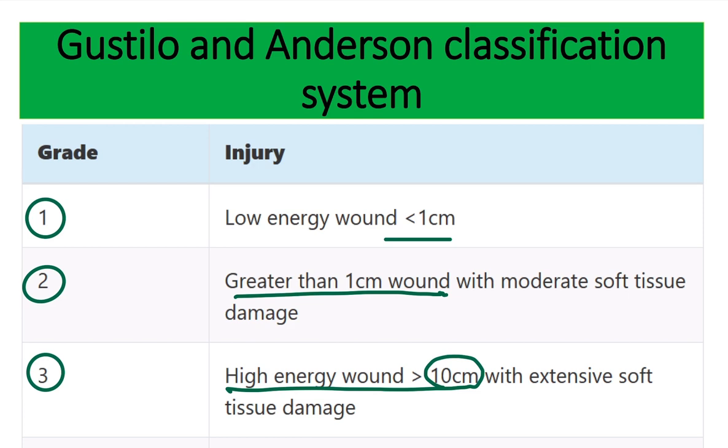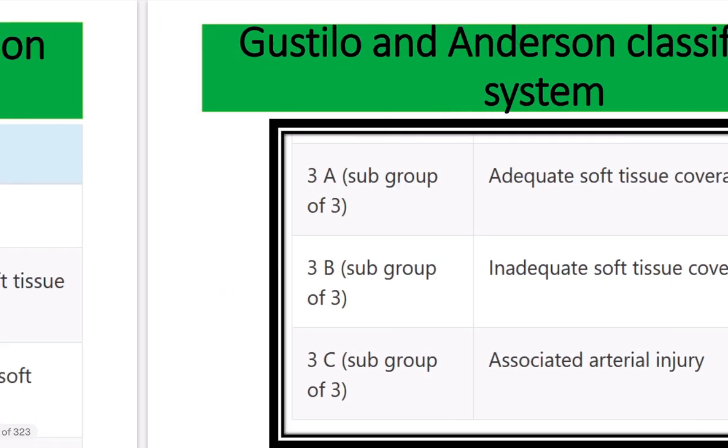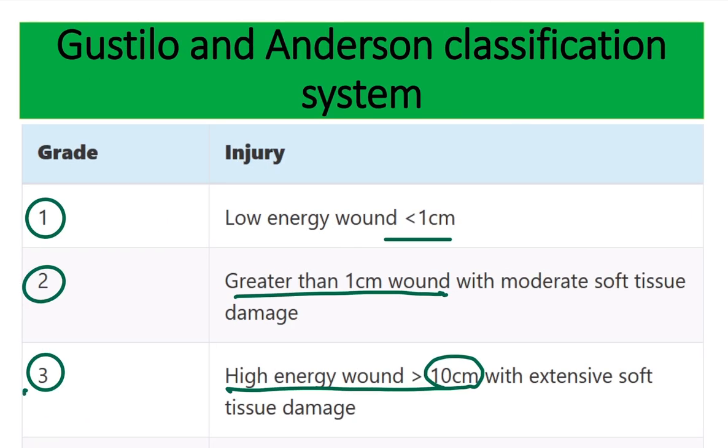So Gustilo-Anderson type 1 and type 2 are usually a smaller size. Type 1 is less than 1 centimeter, type 2 more than 1 centimeter, and type 3 is more than 10 centimeters with a high energy wound present. But type 3 is also divided into 3 parts.